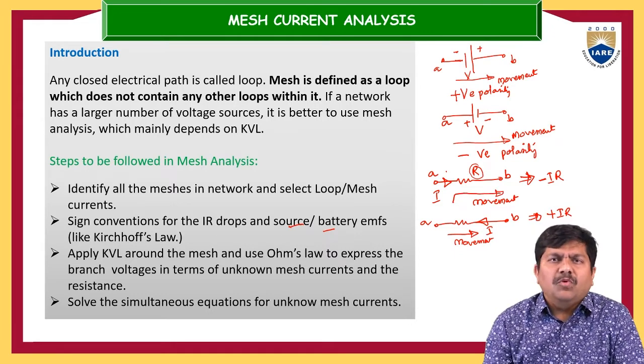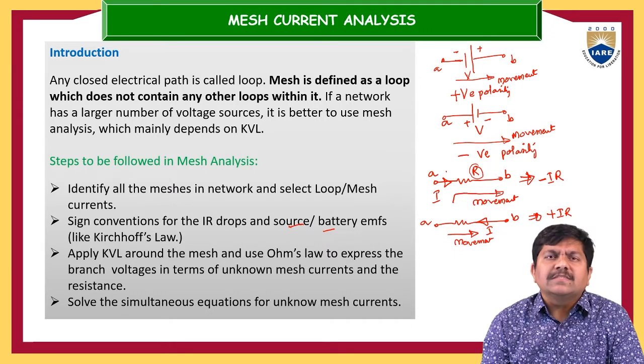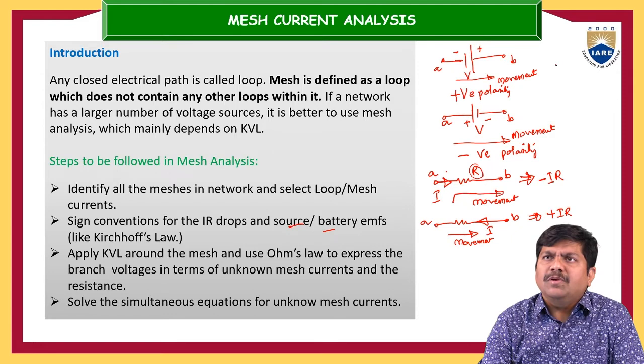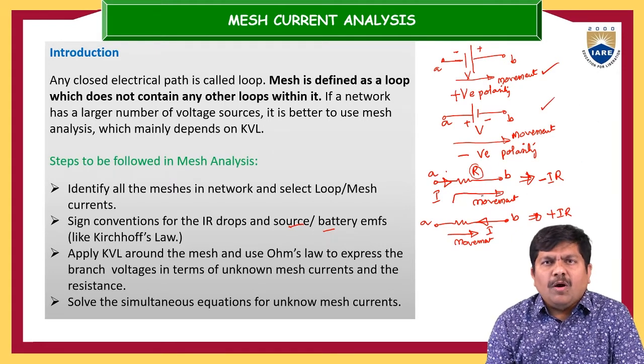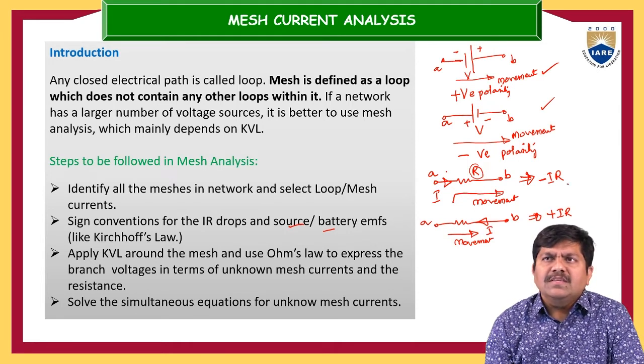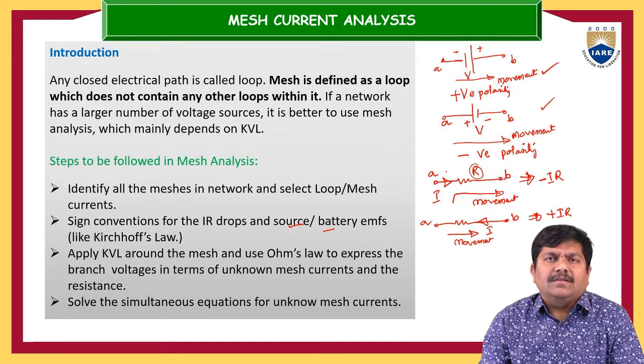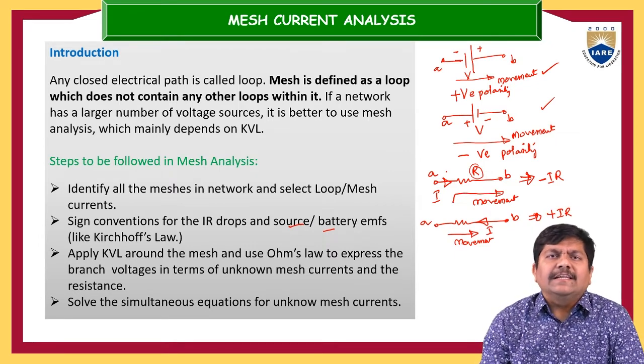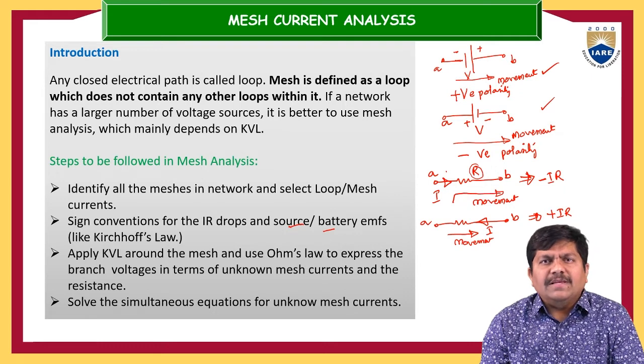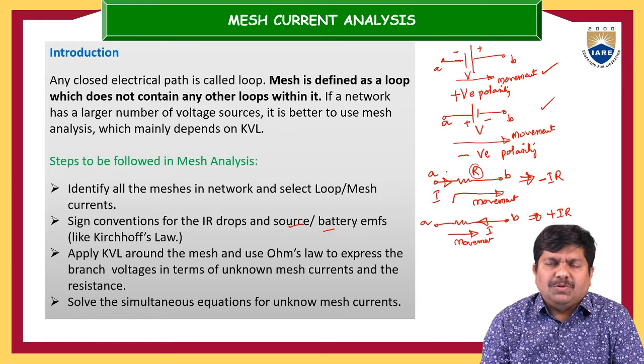Now, how we can take the voltage source polarities in order to analyze the electrical circuit: these two things give us complete emphasis about the voltage sources. Similarly, the IR drops across various passive elements also will be very helpful for us. If the movement and the current are both traveling in the same direction, treat that IR drop as negative, otherwise positive.